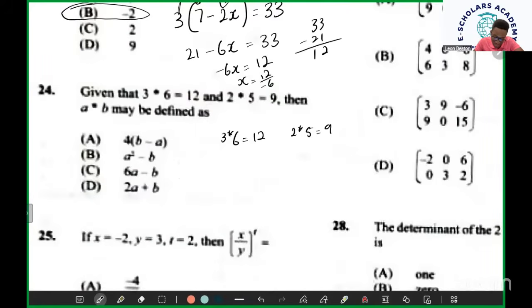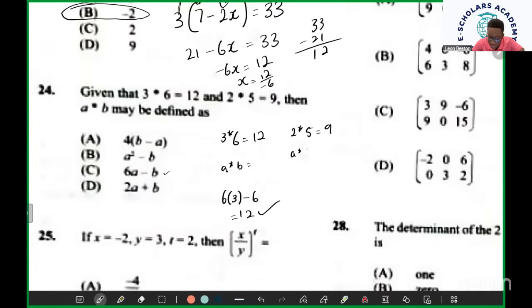So let's do trial and error. Let's try C first of all. Let's see if A star B is defined as 6A minus B. So A would be 3, B is 6. So 6 times 3 minus 6. 6 times 3 is 18. 18 minus 6 is 12. So that checks out. Let's do it for the other one.